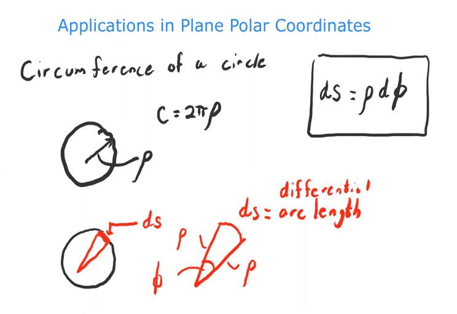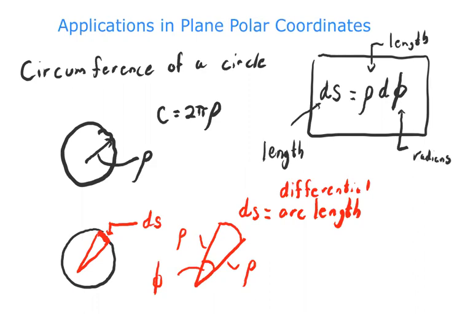Now, dimensional analysis is extremely important in science and engineering. So ds clearly has units of length. Rho is the radius of my circle, so it certainly has units of length. My angle, therefore, has to be unitless, or d phi has to be unitless, and phi is in units of radians.